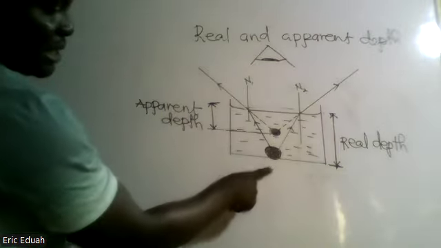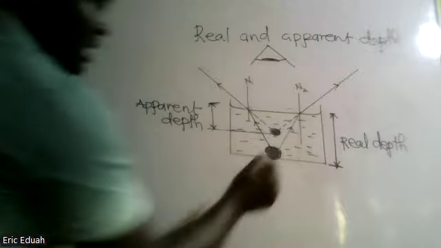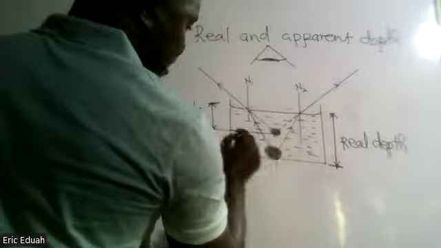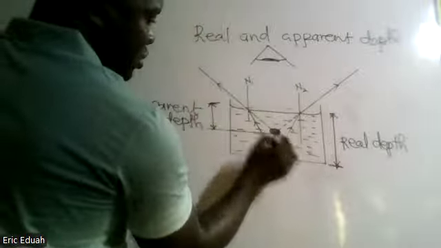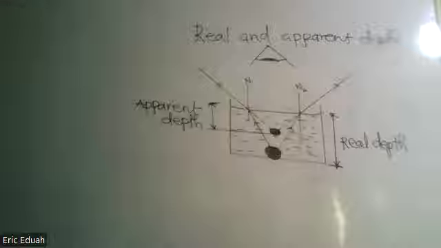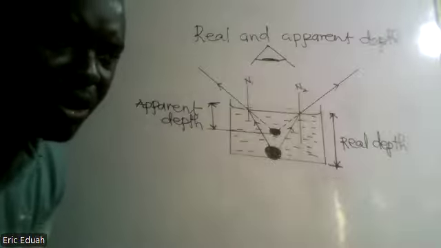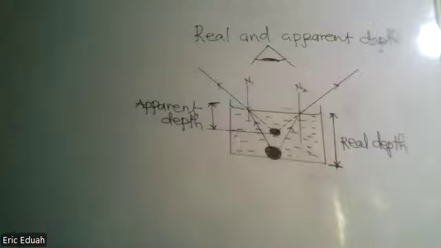An observer up here would see this object lying within the water as if it is here, very, very close. And that is what we see whenever we are looking at fishes in water or in rivers or in an aquarium.